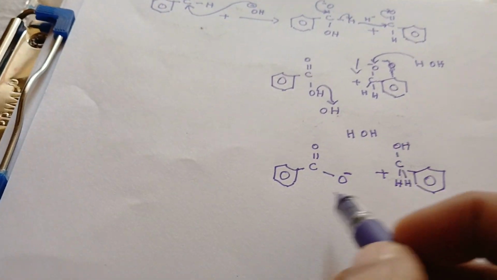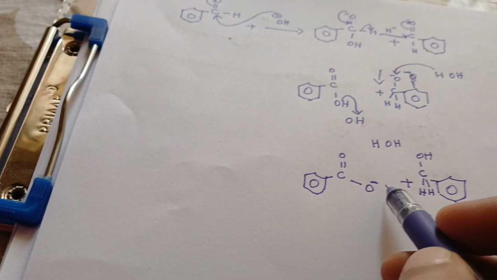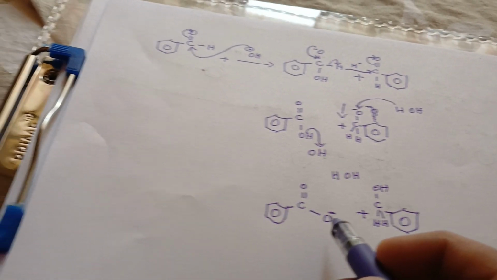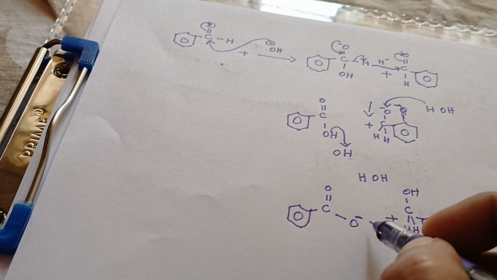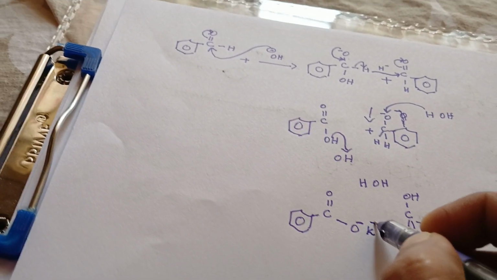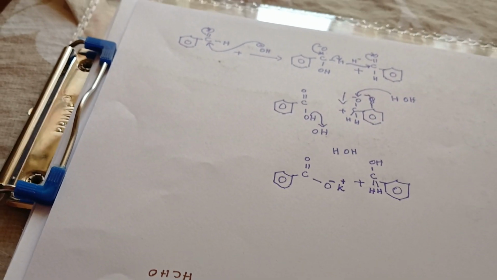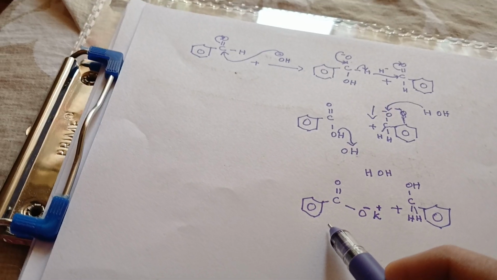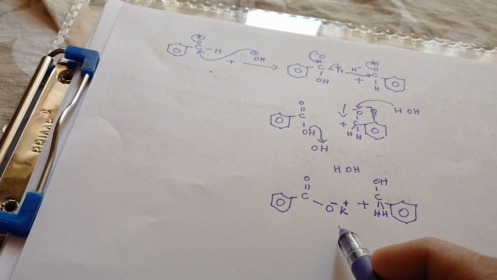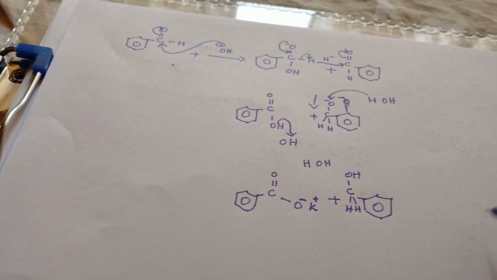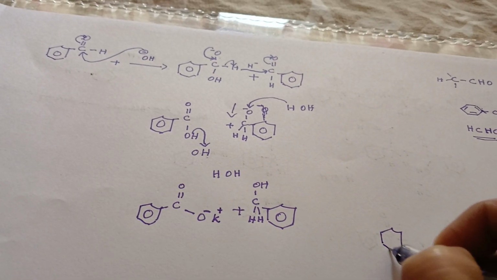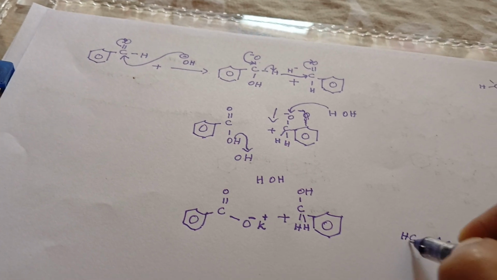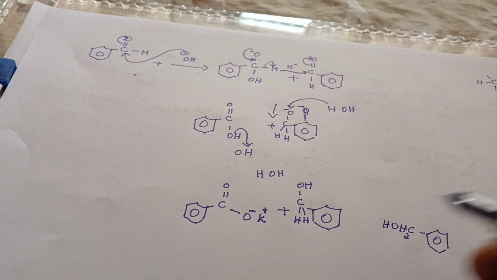There are potassium ions as well because we are using concentrated aqueous KOH. So this can combine with potassium ions and result in a salt, that is potassium benzoate, and this you can see is benzyl alcohol, that is C6H5CH2OH.